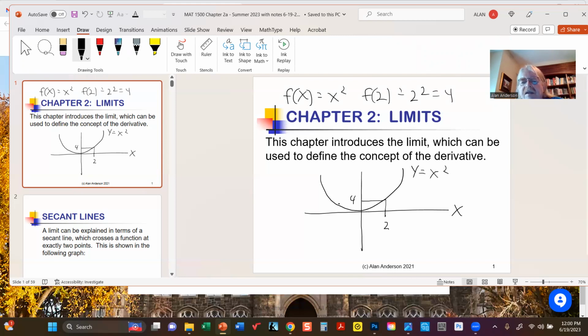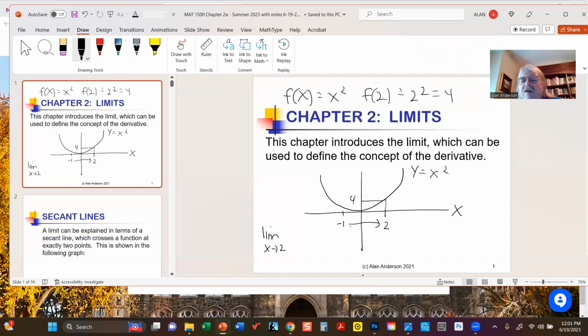So a limit is asking the following question. Suppose x is over here on the left somewhere, and it's slowly heading towards 2. Let's say initially x is down here somewhere at -1, and it's slowly creeping up towards 2. The question is then, what is happening to y as we get closer to x equals 2?